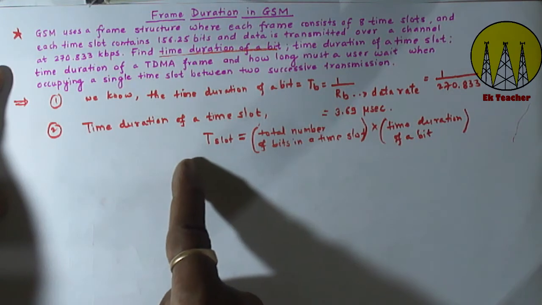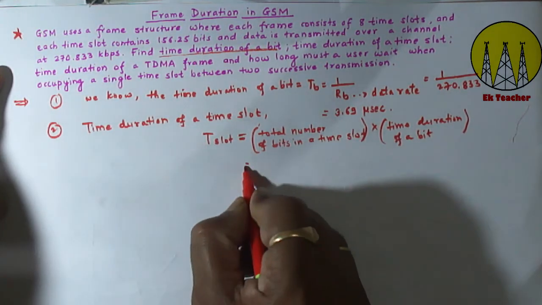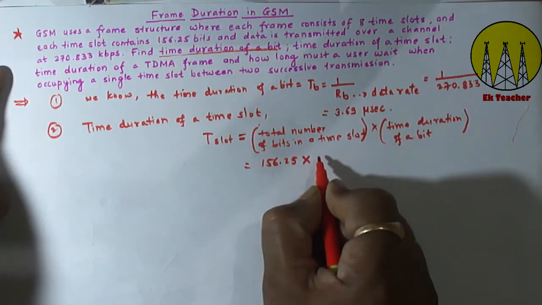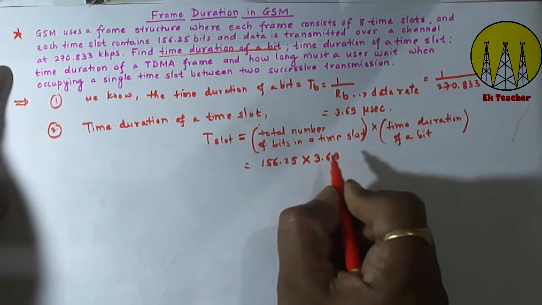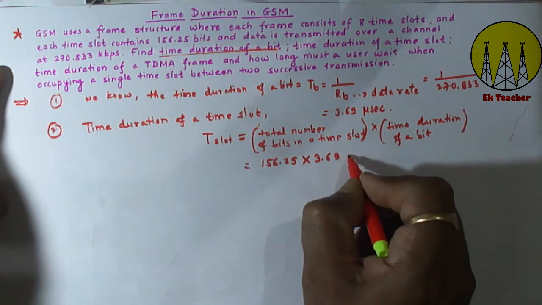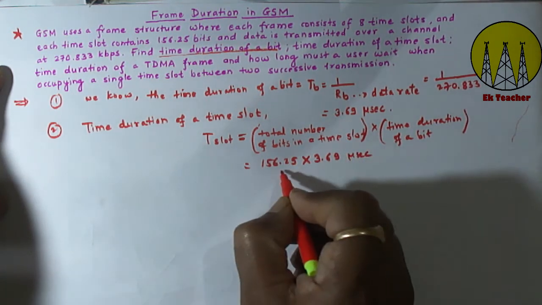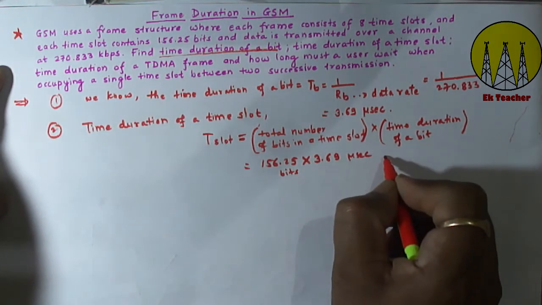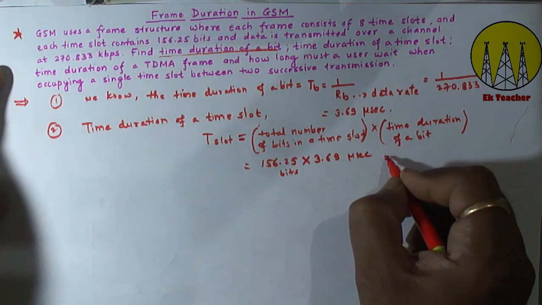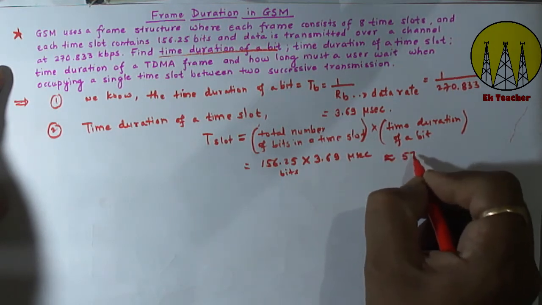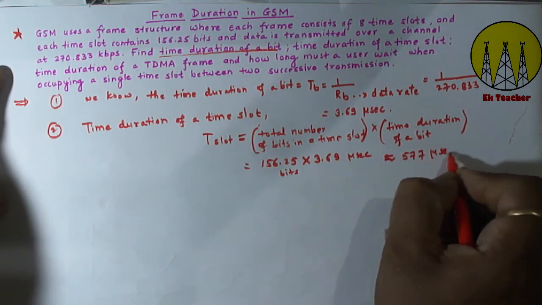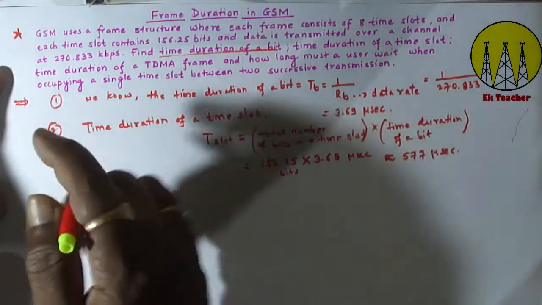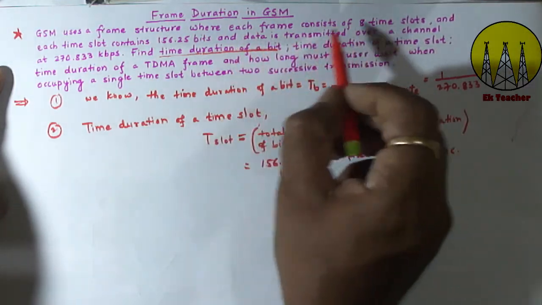So the time duration of a complete time slot is equal to 156.25 into 3.69 microsecond. This is bits and this is in microseconds. If you multiply it, you will get 577 microsecond. So this is the time duration of a time slot, because it is a standard problem where 8 time slots are given in a TDMA frame.